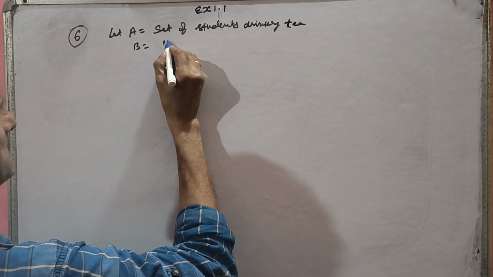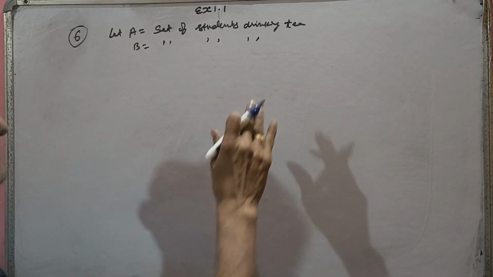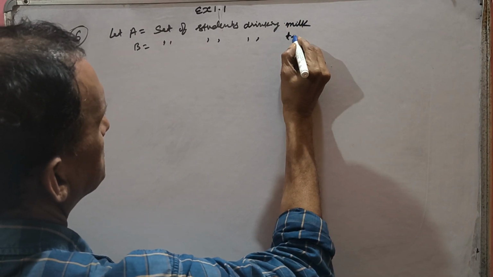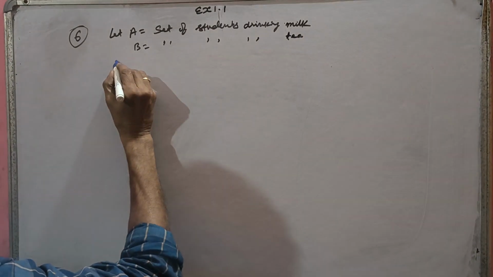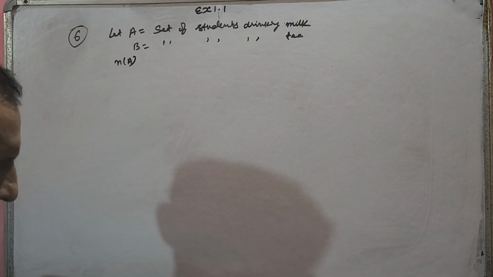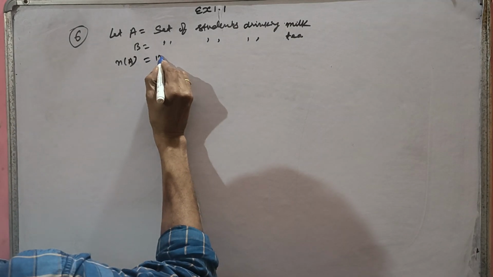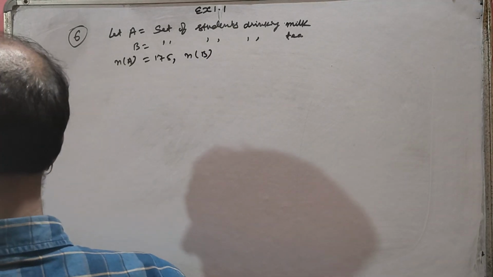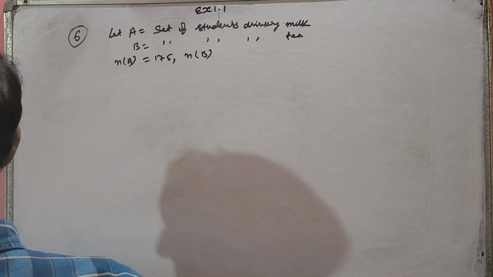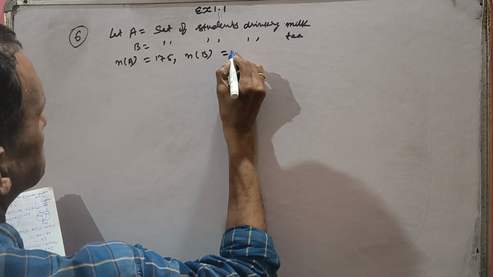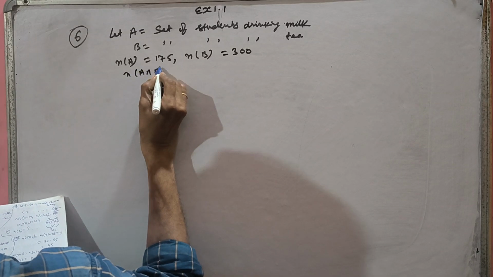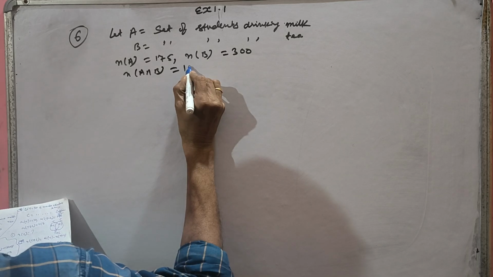So what is n(A)? It is given as 175, n(B) is given as 300, and both means n(A intersection B) is given as 110.